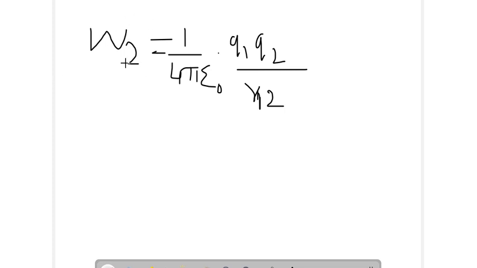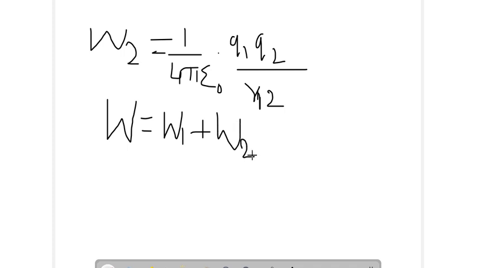Now the total work done in bringing the two charges, Q1 and Q2, to points A and B is W1 plus W2. This W can be written as, what is W1? It is 0.